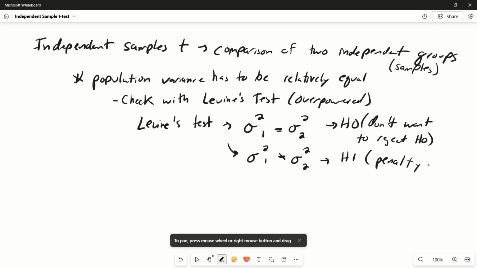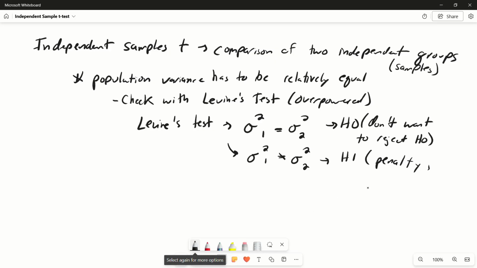So you lose power, right? That's the reason why I don't really care for Levene's test, because it's too easy to reject the null. You lose statistical power when you assume that the population variances are not equal. So we don't want that.